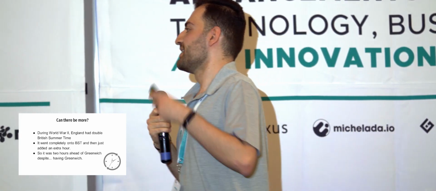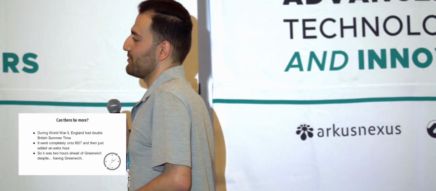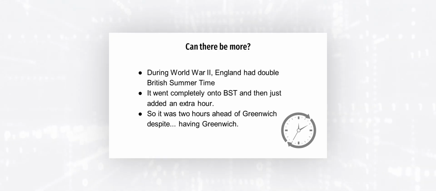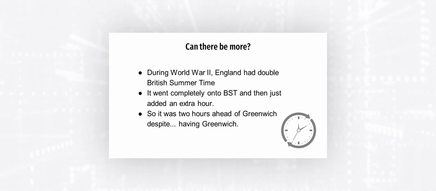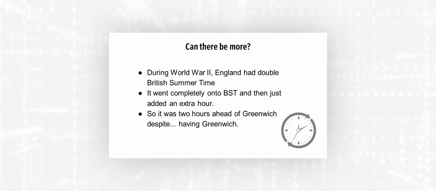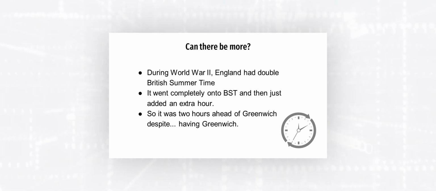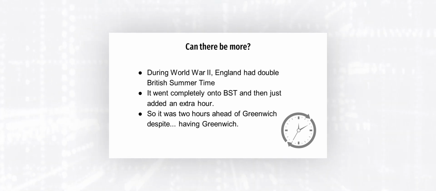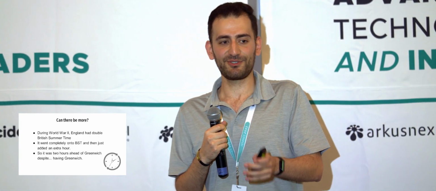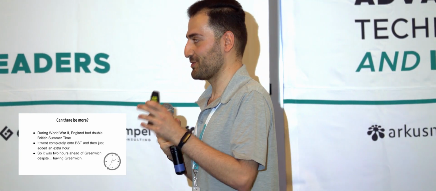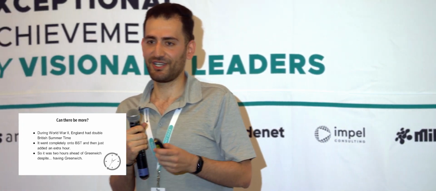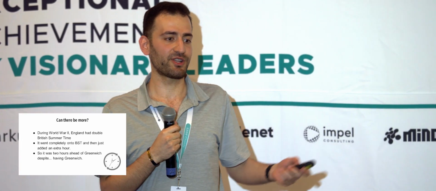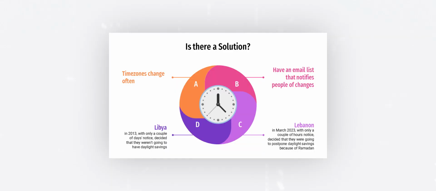Basically what that meant was Greenwich, the city in London where it's supposed to be the base of time, the zero time, was actually 2 hours ahead of its time. So like you're in the city that's supposed to be the base, the zero time, and you're 2 hours ahead of it. Imagine the chaos, especially when trying to do trading and working with the other side of the world.